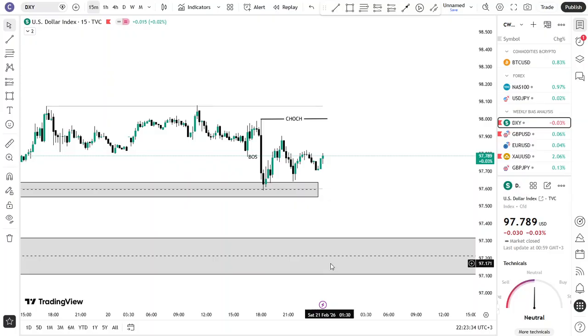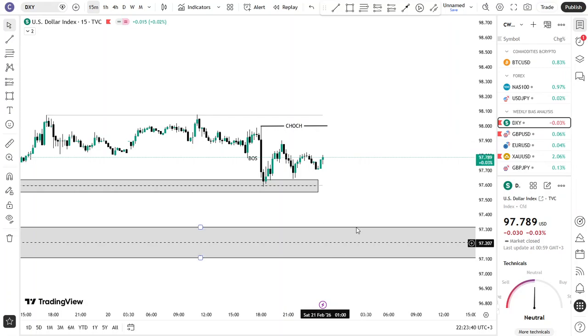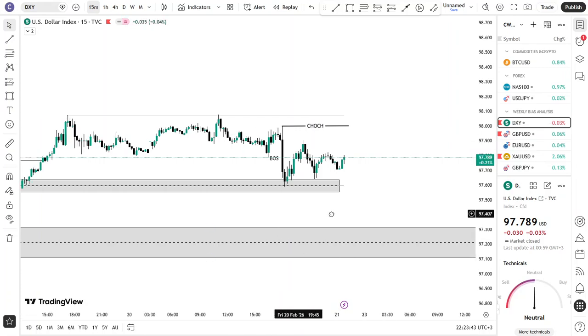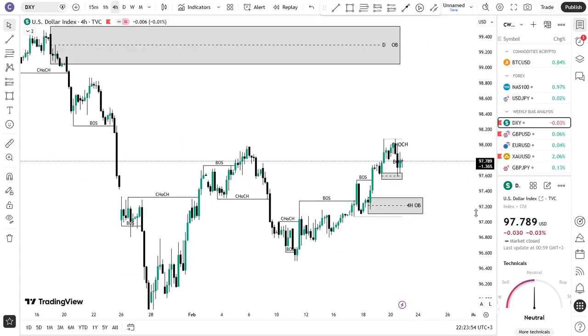Sometimes price might just continue moving upward without coming to the OB, and based on what I'm seeing, if we create this change of character, then we'll continue going on the bullish side without coming to this OB around here. So overall DXY is bearish based on the daily time frame.